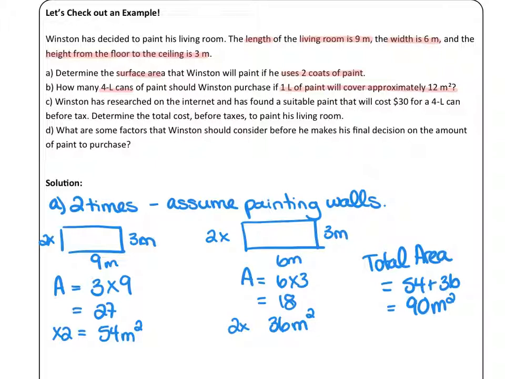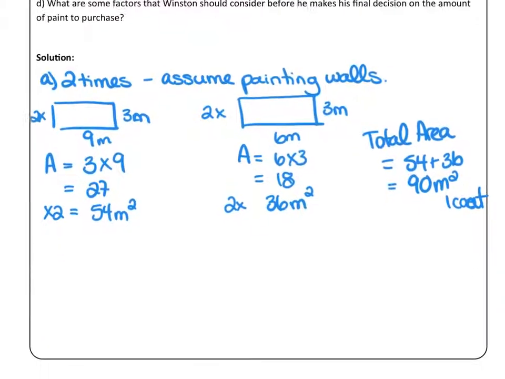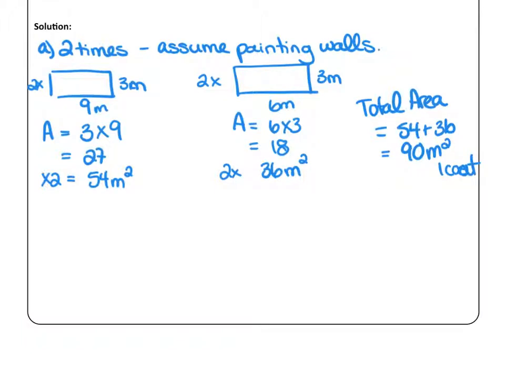So B says 1 liter of paint will cover 12 meters squared. Oh, hold on, I forgot one thing. That was for one coat. Let's do it for 2 coats, which is 180 meters squared. So B says 1 liter does 12 meters squared.